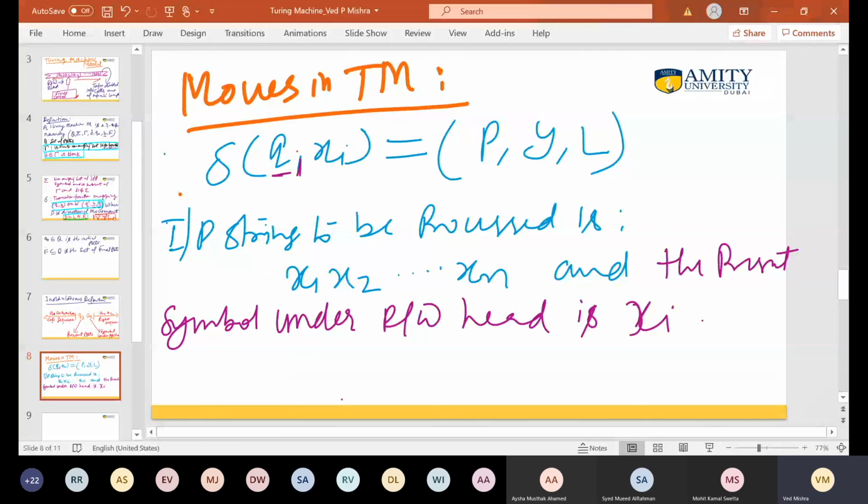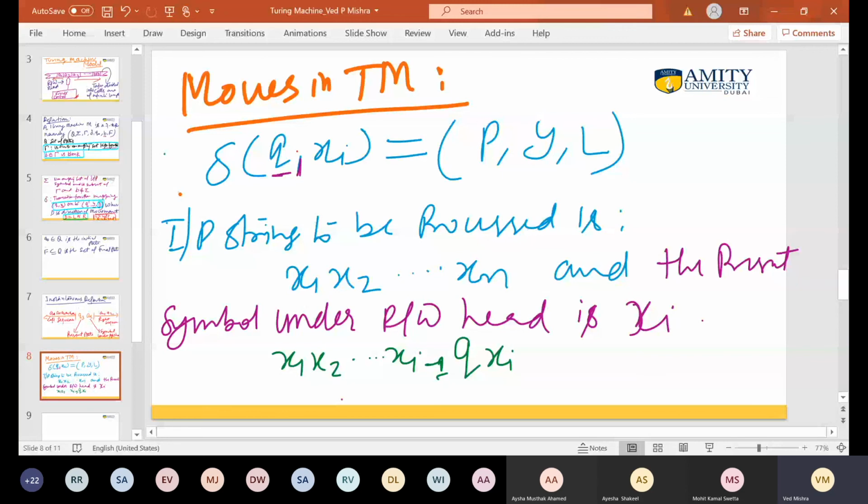You will go from x1, x2 till xi minus 1, and then your state is q and xi.